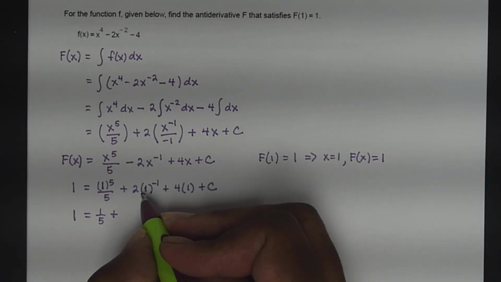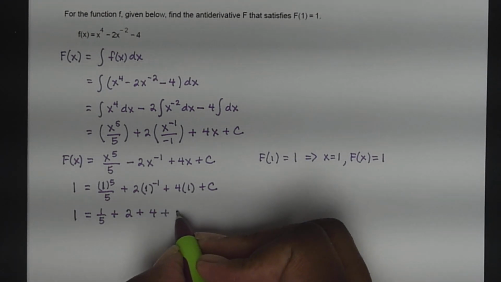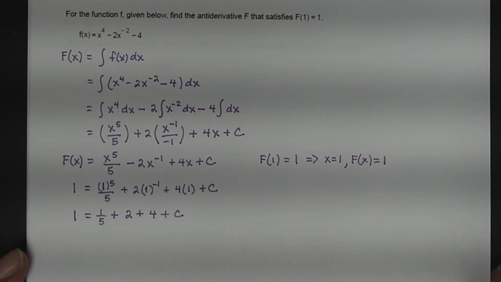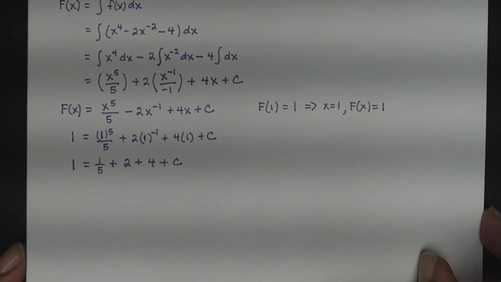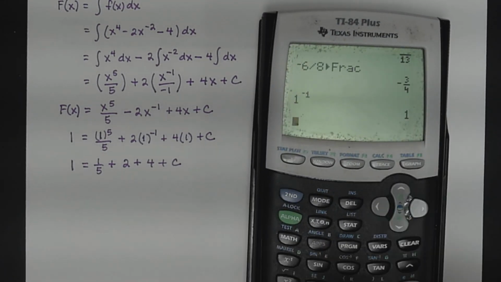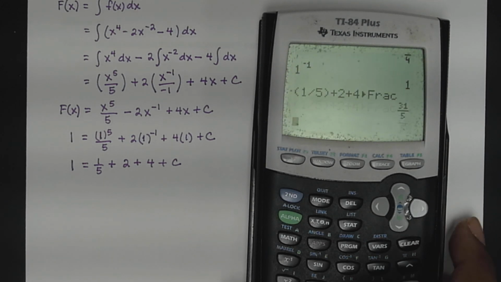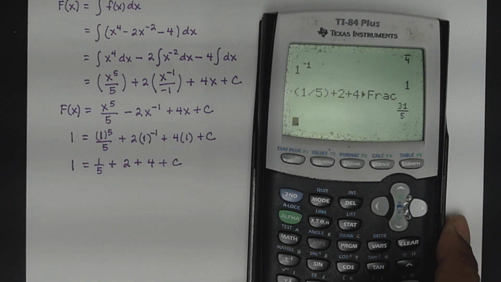So this is 1 times the 2, which is 2, plus 4 times 1, which is 4, plus c. Now, if I add 1/5 plus 2 plus 4, I do 1 divided by 5 plus 2 plus 4, then the math key, and then number 1 for the fraction, I would get 31.